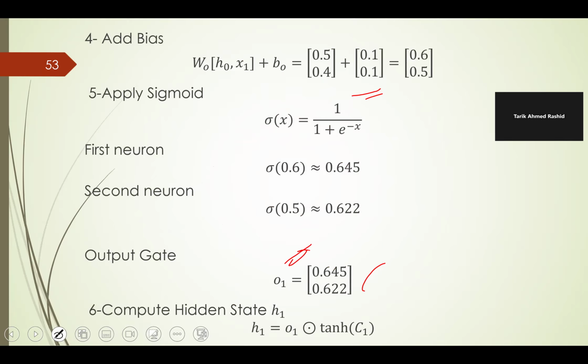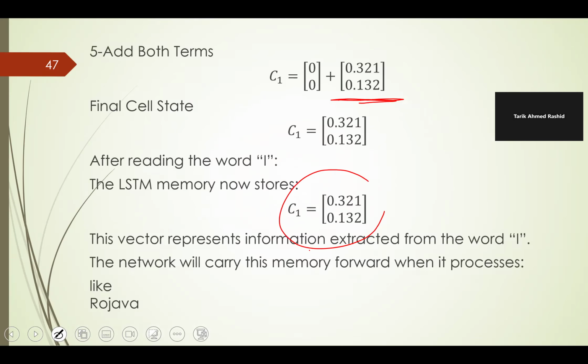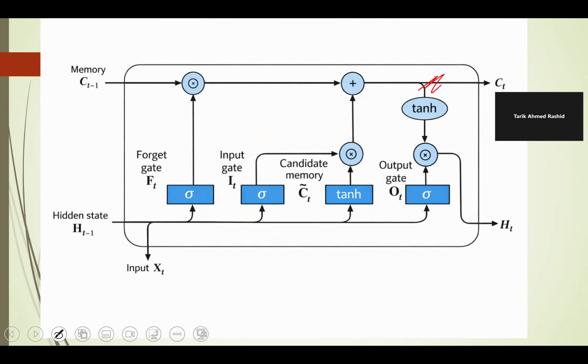Then they go under sigmoid, and we find the output. Now plug it into the last equation, which is the output multiplied by tanh of C. C is the C that we found, and here we found the output. The output multiplied by this, and then we get H1.